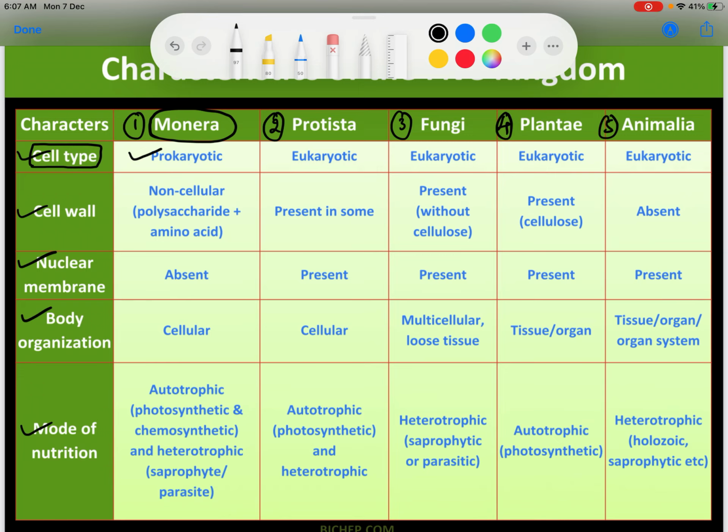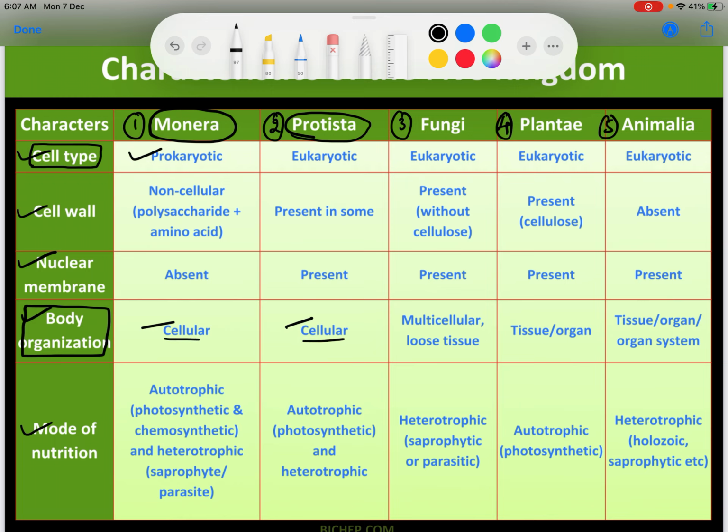That is again whether they are unicellular or multicellular. So, the second important phenomenon which is taken into consideration is body organization. If they are unicellular, they are Protista. So, both are having cellular arrangement.